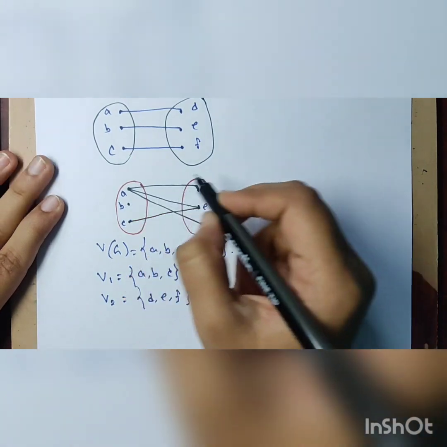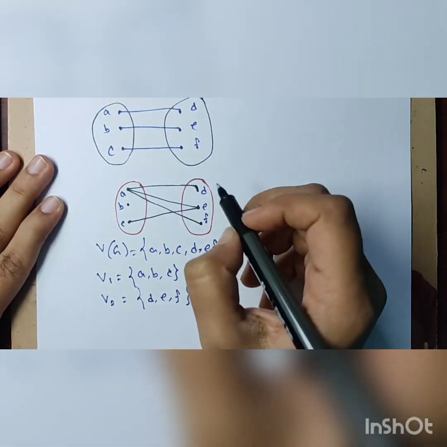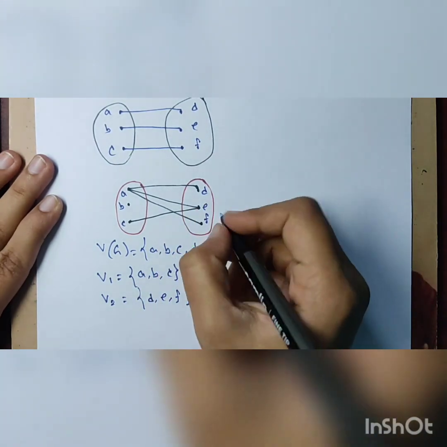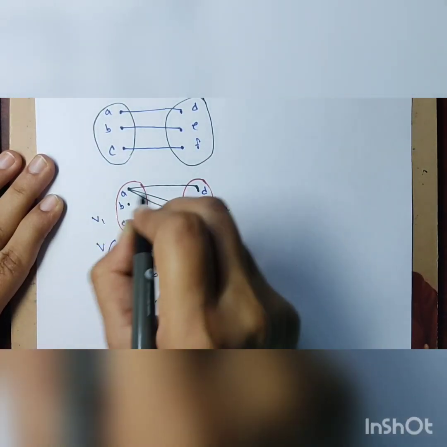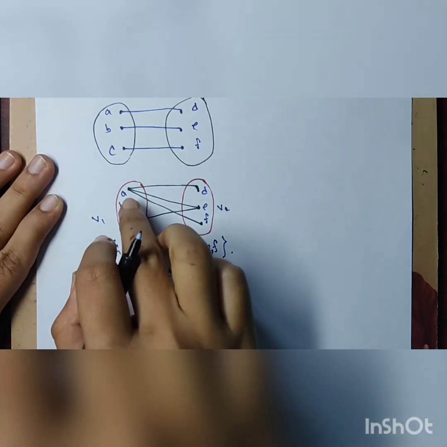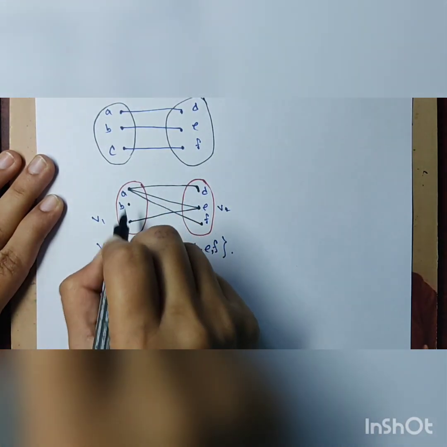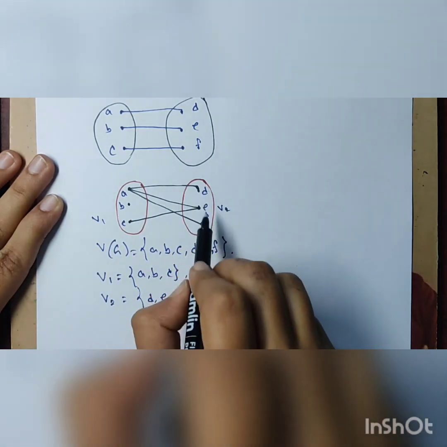It is not adjacent to any of the vertices. So it is not adjacent to any vertex of the set V2 also. By the definition of a bipartite graph, B cannot be adjacent to A and C, but it is also not adjacent to any of D, E, F.